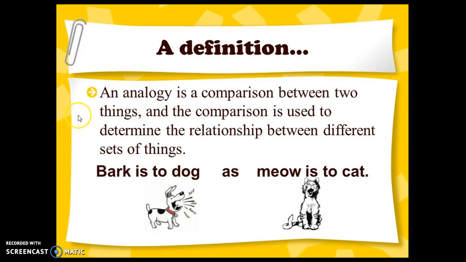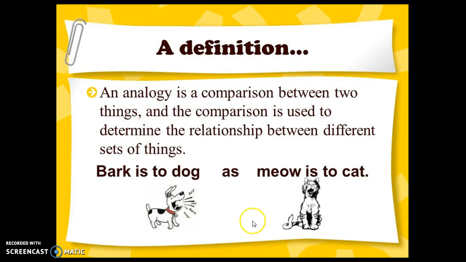So here, let's look at this more specific definition. An analogy is a comparison between two things, and the comparison is used to determine the relationship between different sets of things. So here we have bark is to dog as meow is to cat. So bark and meow are the sounds that a dog and cat makes.